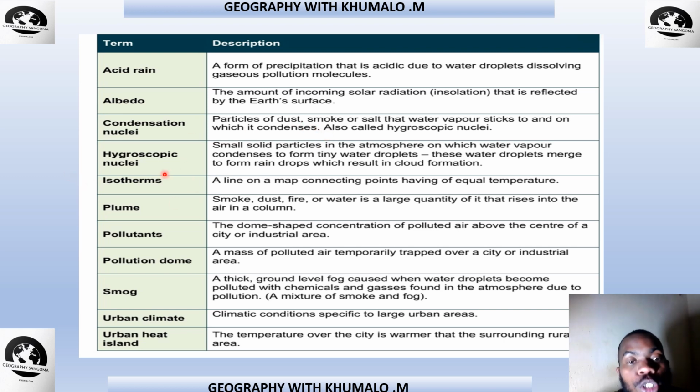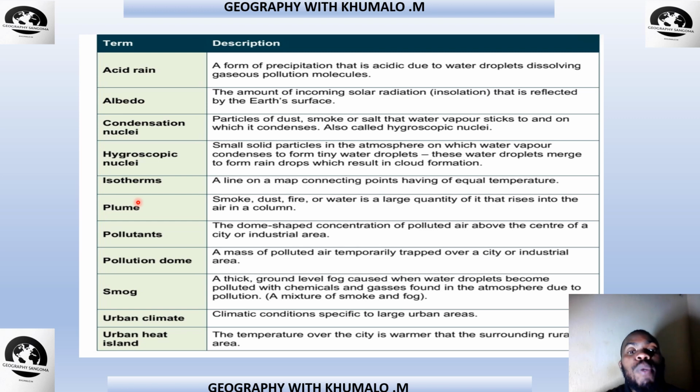The hygroscopic nuclei are the small solid particles in the atmosphere on which water vapor condenses to form tiny water droplets. These water droplets now merge, that means they combine, which results in cloud formation. And then we'll talk of isotherms.